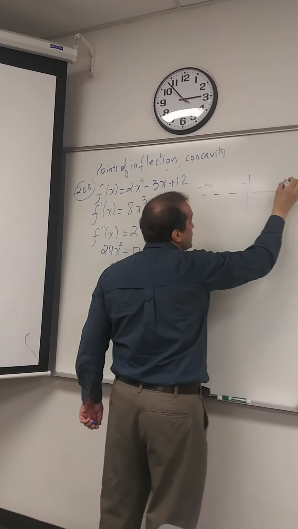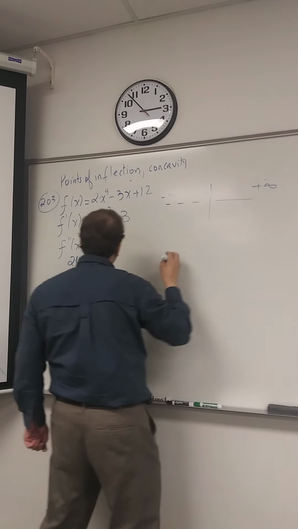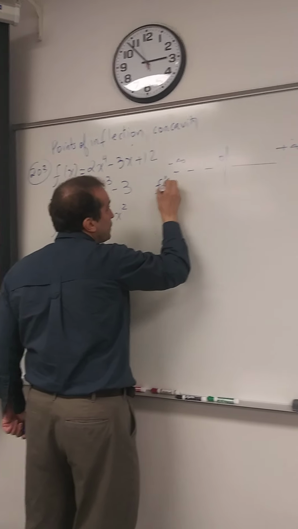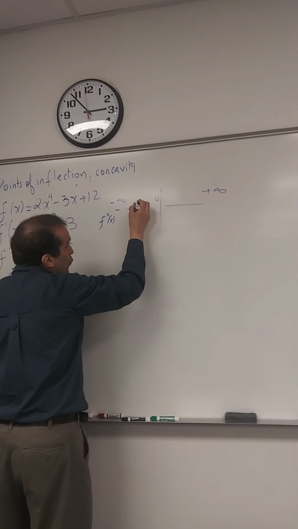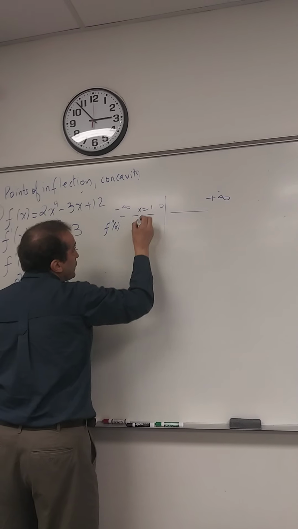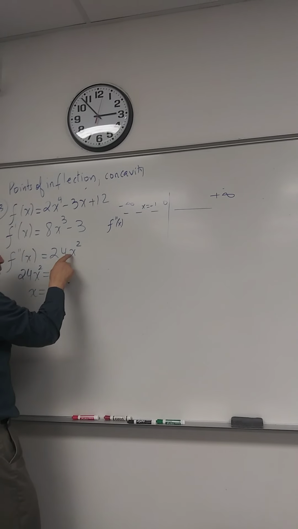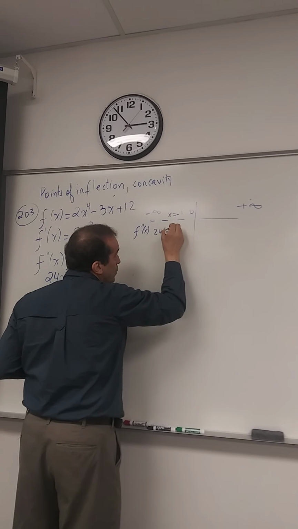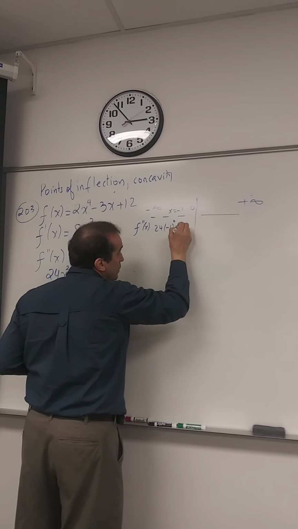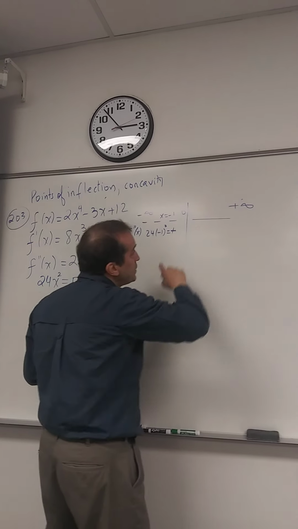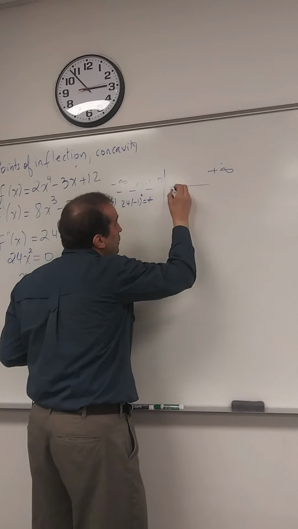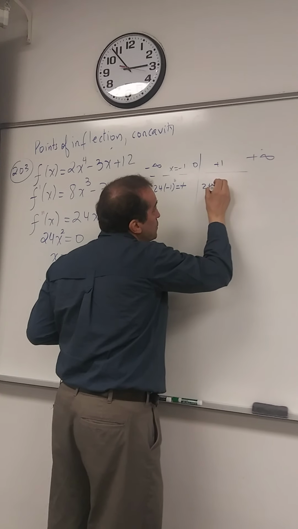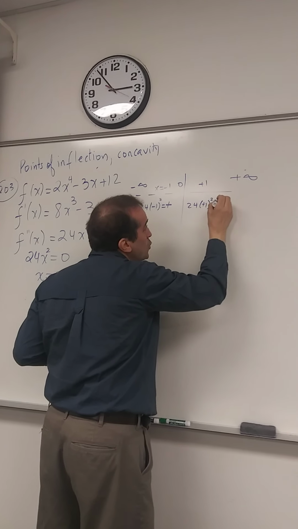Minus infinity, plus infinity. I'm going to take a test point to the left. Okay, let's pick x equals negative 1 again. Substitute negative 1 in the second derivative: 24 times negative 1 squared, that's a positive 24. Pick a test point to the right, I'll pick plus 1 this time. 24 times plus 1 squared is also positive.